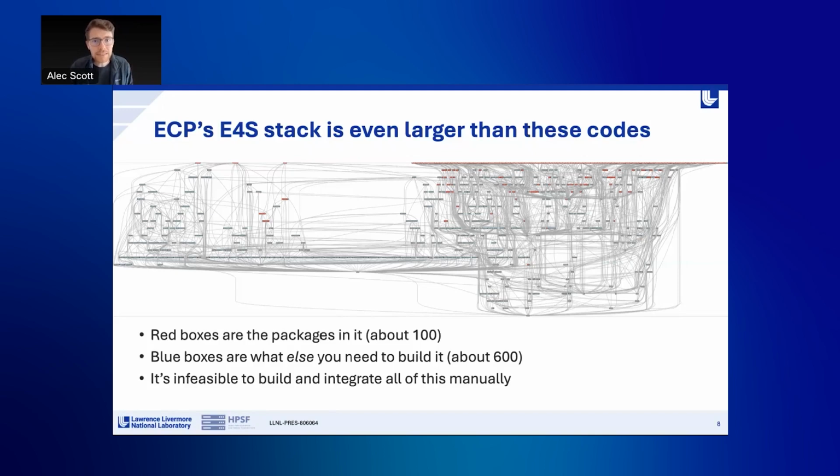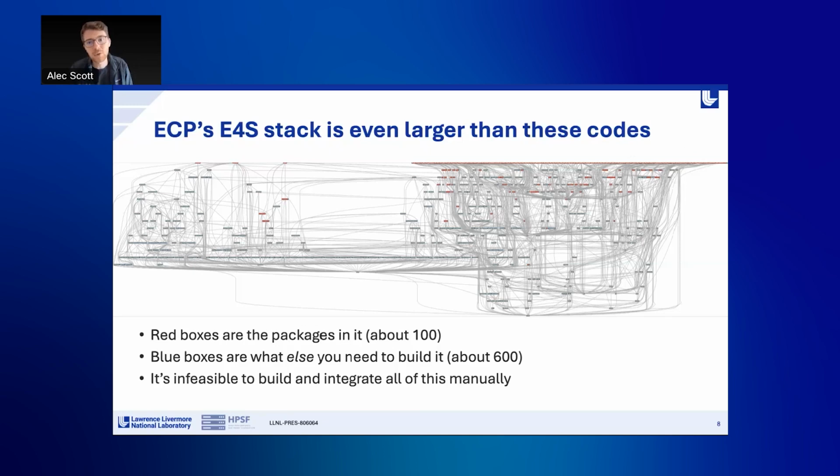Spack really grew up inside of ECP. This is ECP's E4S stack. It's even larger than all of those codes. It's kind of hard to see in this diagram, but all of these red boxes up here, they are kind of the quote ECP stack. And then all of these blue-gray boxes are everything else that you need to build it. And so ECP was supposed to be one coherent stack for the Exascale Computing Project that came out of the Department of Energy.